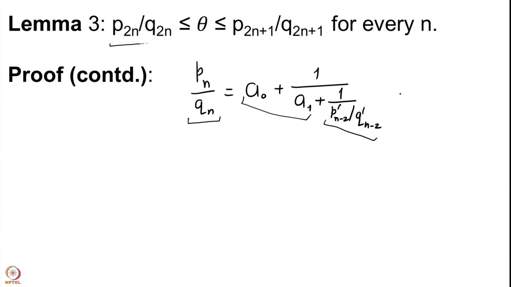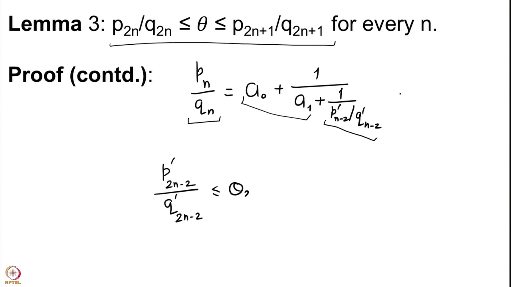Okay, so we observe this, and now since theta 2 satisfies this, for every m up to n minus 1, we have that p prime 2n minus 2 upon q prime 2n minus 2 is less than or equal to theta 2, which is less than or equal to p prime 2n minus 1 upon q prime 2n minus 1. So, this inequality holds for theta 2.